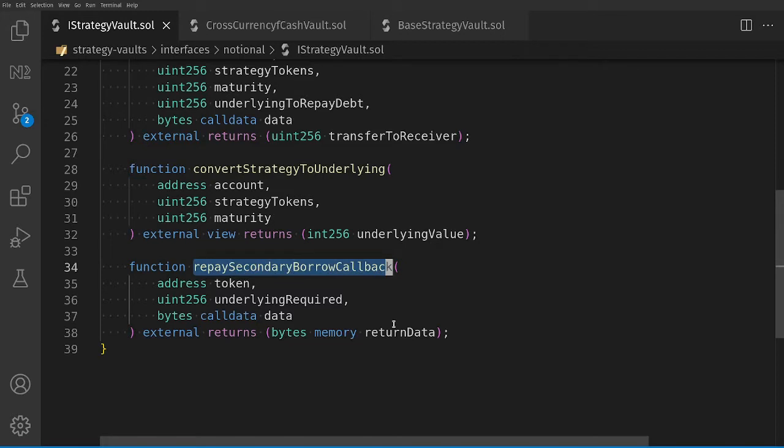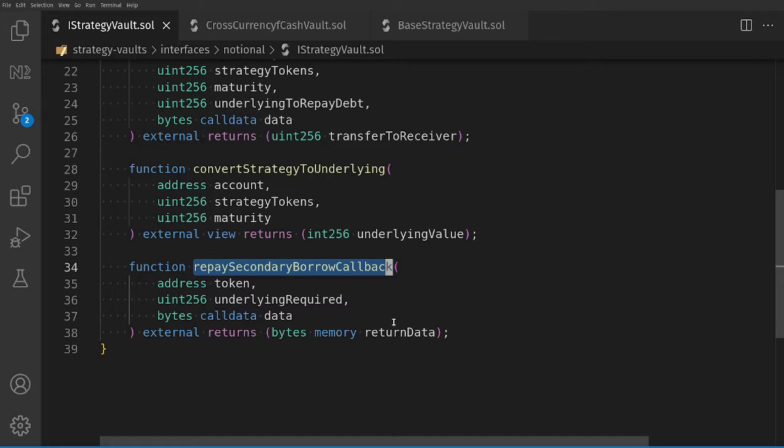And the repay secondary borrow callback is only used on vaults that are borrowing in secondary currencies. We don't have an example of this, but if it's not being used, it can revert and it won't be called anyway.